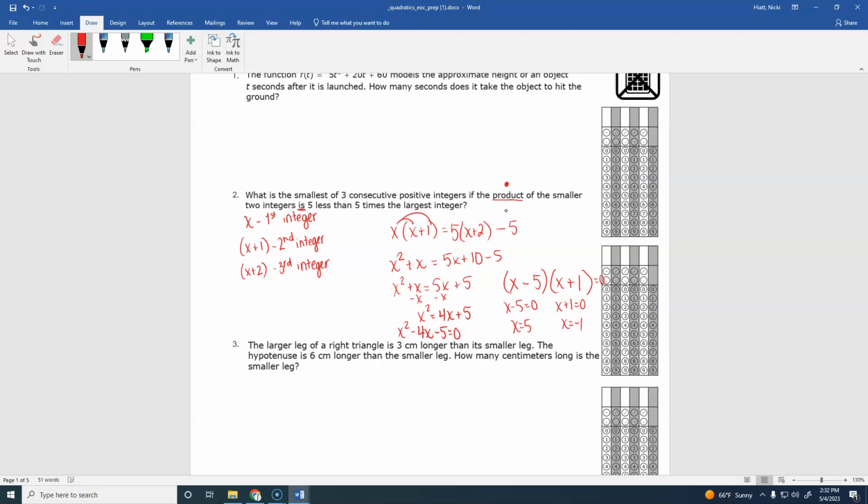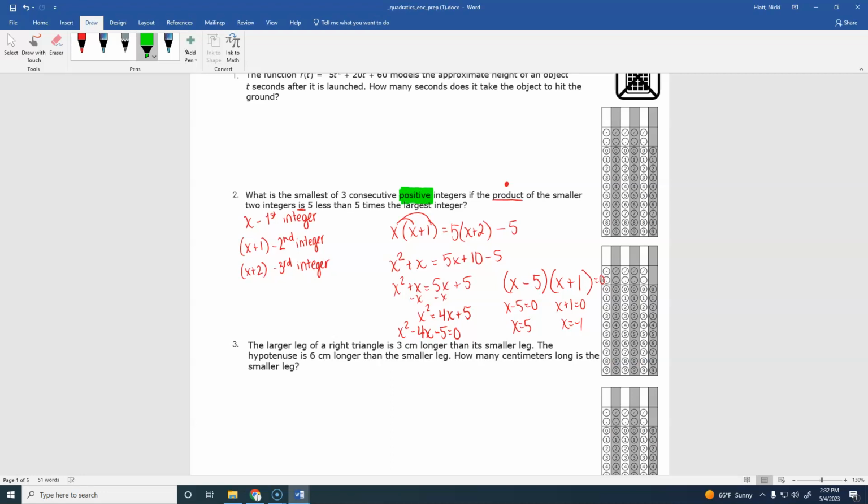How do I know which one to pick? It's not going to be the smallest. We do want the smaller of the 2 integers. But these are my two possibilities for my first integer. What does it tell us right here about the consecutive integers?